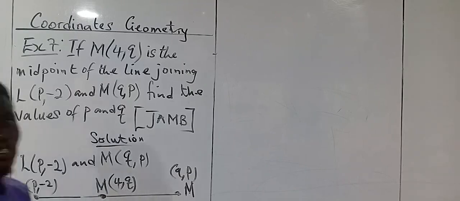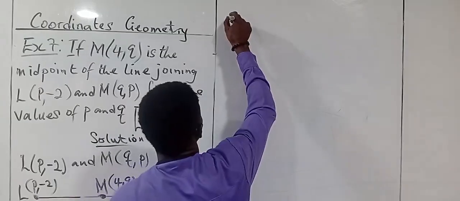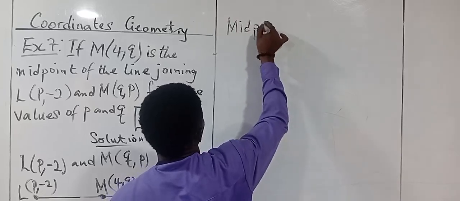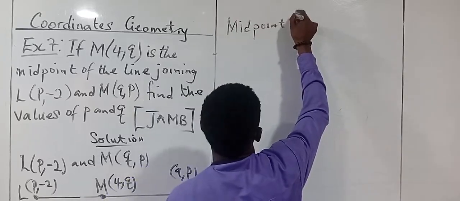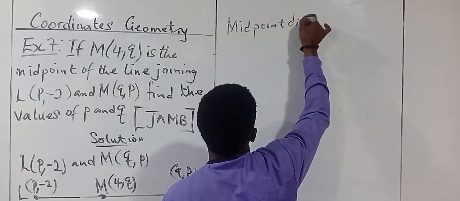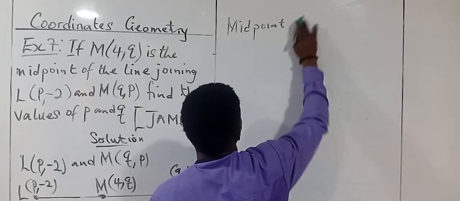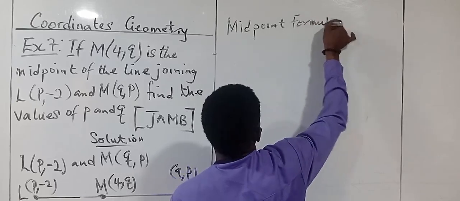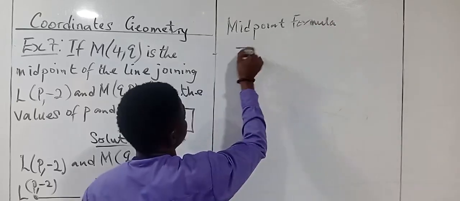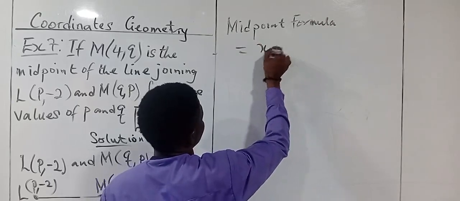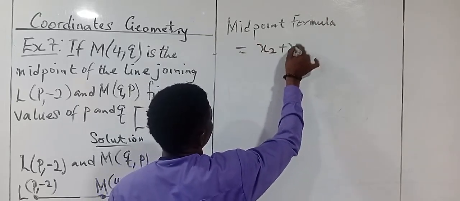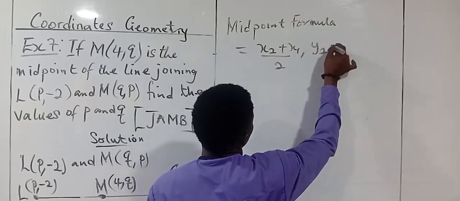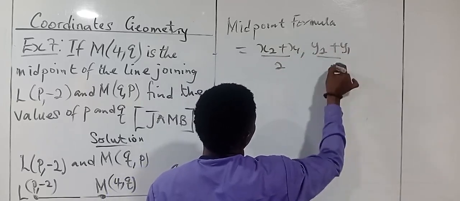And what is the formula to calculate the midpoint? The midpoint formula is (x2 plus x1) over 2, then (y2 plus y1) over 2.